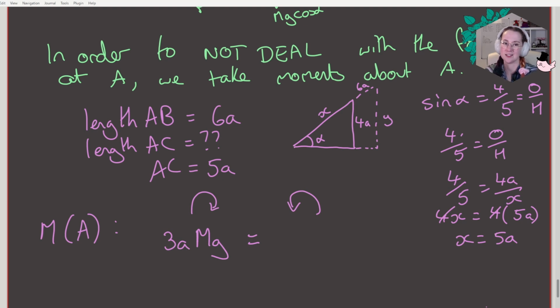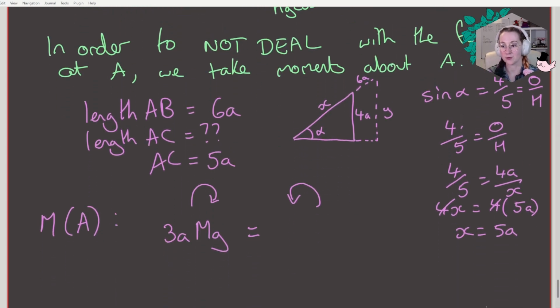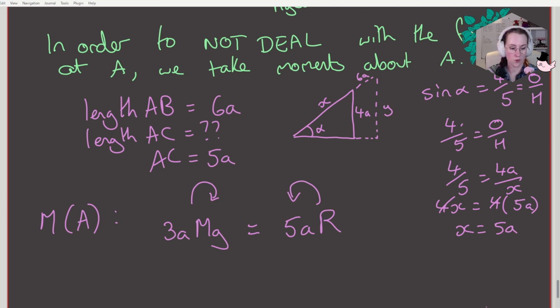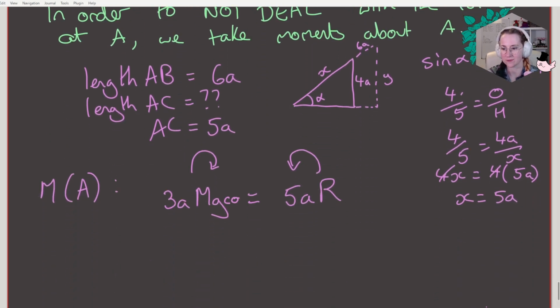So we have 3a times mg, which is equal to our counterclockwise moments, which is our force at C. So we know now that the distance is 5a. I'm going to call it R. We were solving for R. It's not mg, it's mg cos alpha. There we go.